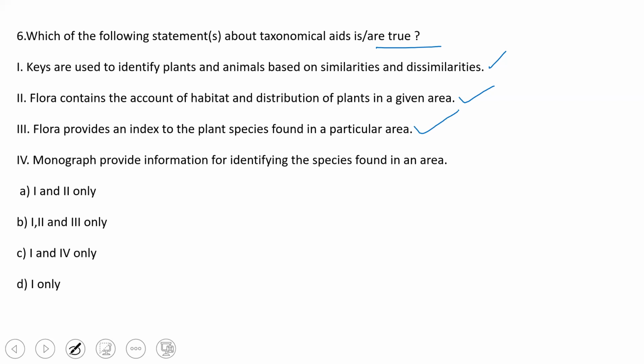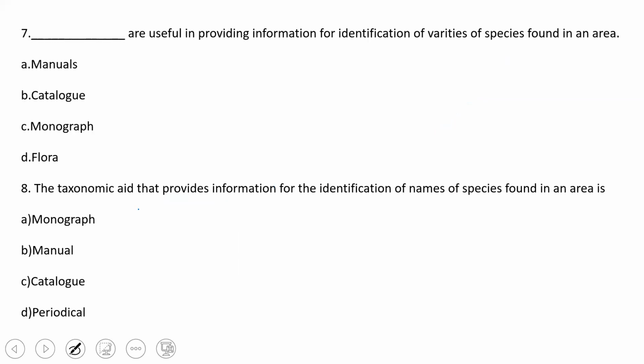We know that monograph is the one which is going to give us a detailed description on any one taxon. So except for the fourth option, all the other three statements were right. So henceforth here the option will be 1, 2 and 3 only. Next question.